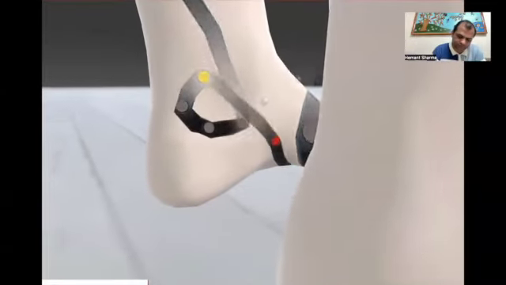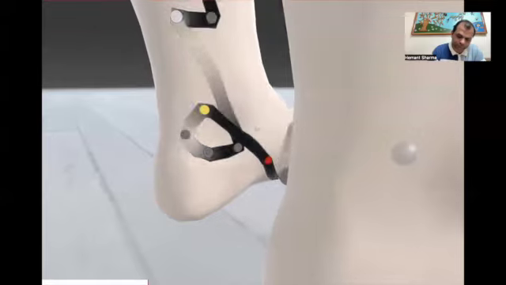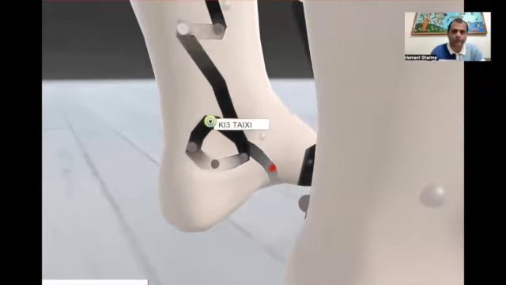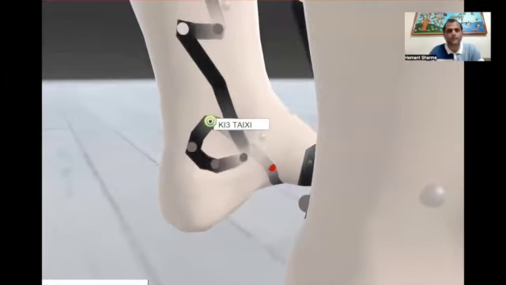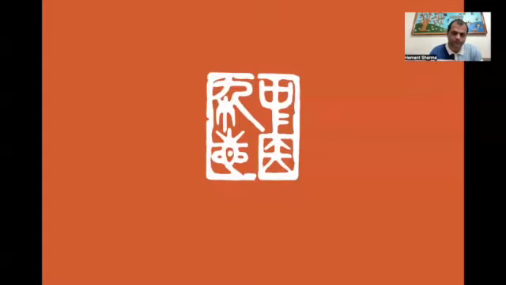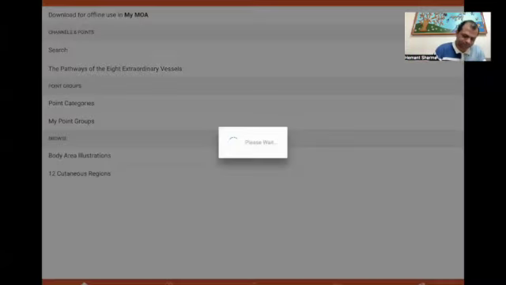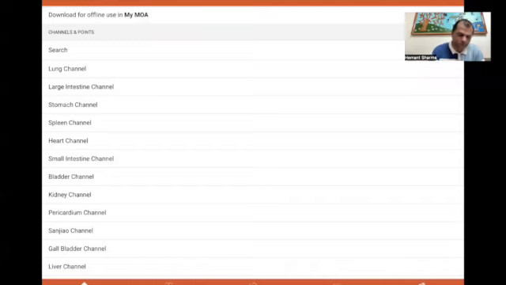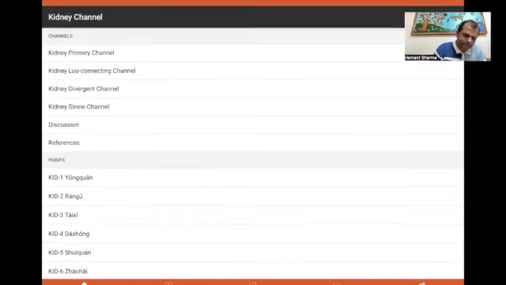So this is the kidney meridian. And this is the location of kidney 3. I will show you in the other image for clear understanding. Kidney meridian. We want to treat the pain of the heart 7. Now we will treat in the kidney meridian.